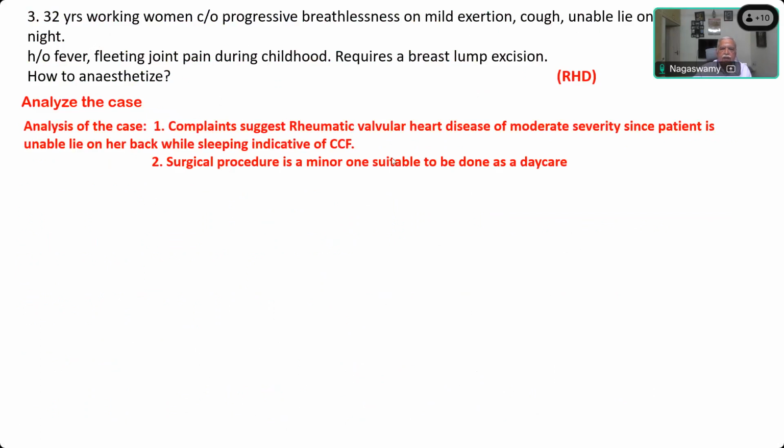All these things indicate that it could be a rheumatic valvular heart disease with severity, since the patient is giving a history indicative of some mild congestive cardiac failure. But the surgical procedure is a minor one, suitable to be done as a daycare procedure. Okay, these are the points that you can get from the case scenario.